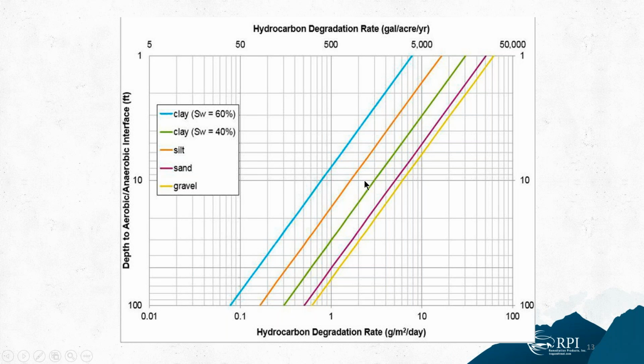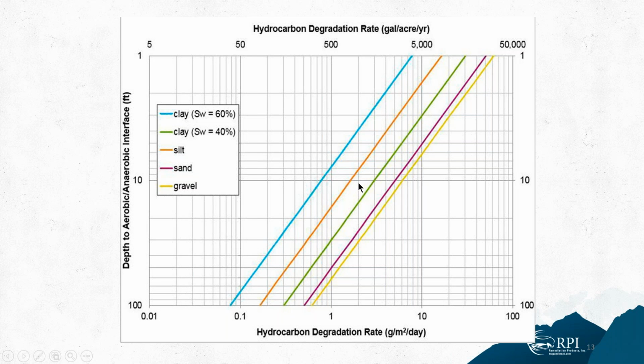And the site that we worked on in Texas falls in this central area. And so in order to compare data, I chose a number kind of in the middle. So right here, this would be a mass removal rate of 2 grams per square meter per day.